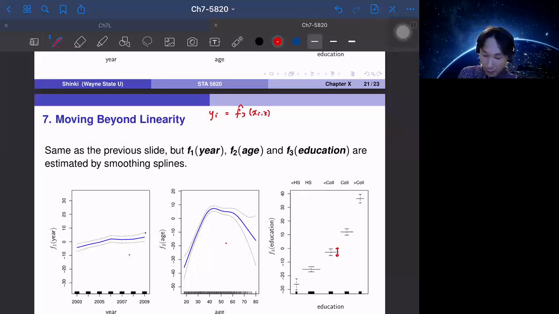So the baseline is the high school graduate. The baseline is the intercept, and we have coefficients for the difference between high school and less than high school, and for college.